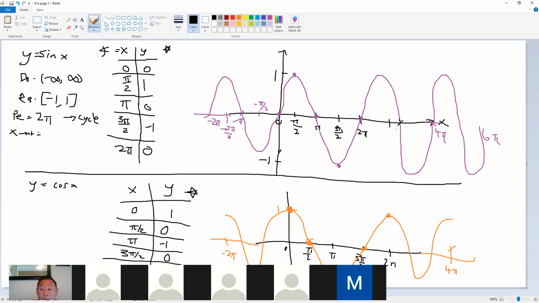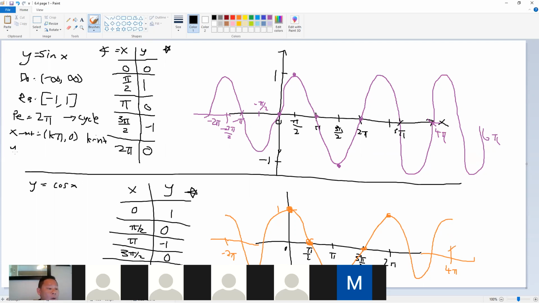This will be 3 pi, 4 pi, 5 pi, 6 pi, -pi, -2 pi. So your x-intercept in this case is k pi, 0, where k is an integer. Integer in this case means 0, 1, 2, 3, 4, -1, -2.